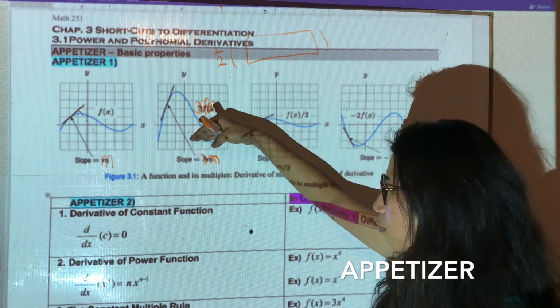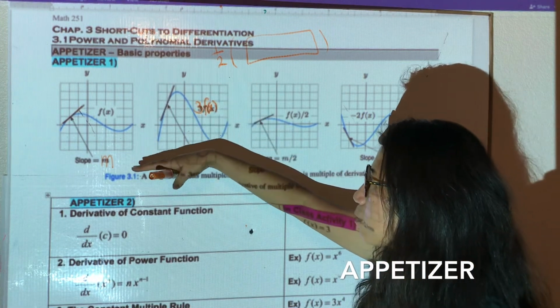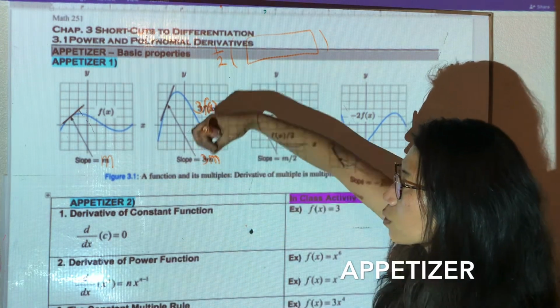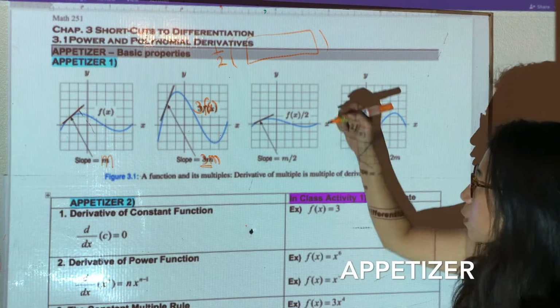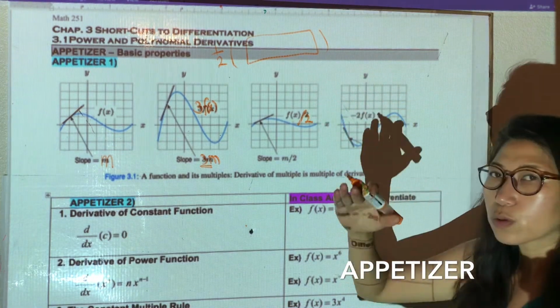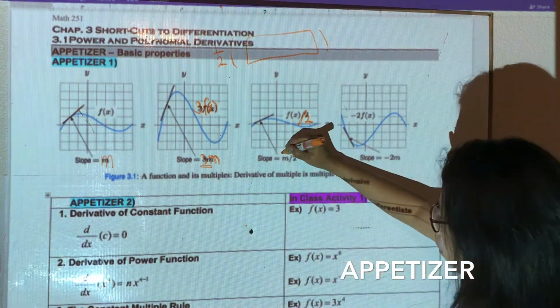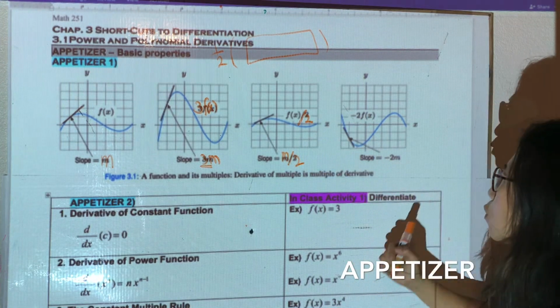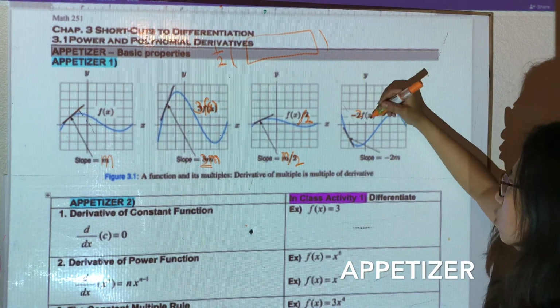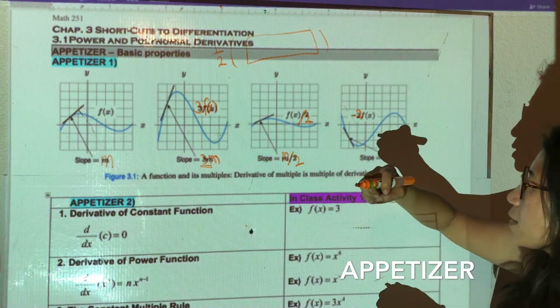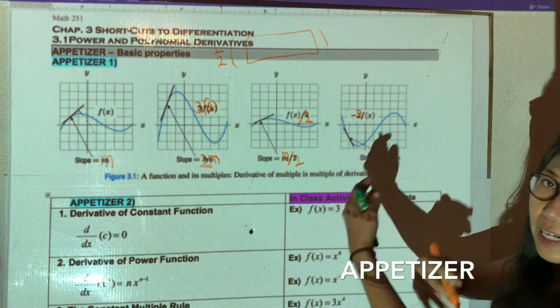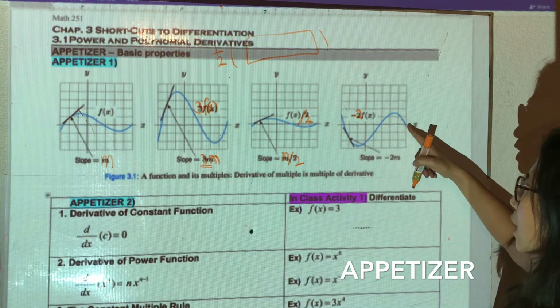So if you have a derivative, it's going to work the same as a transformation. If we stretch 3 times, then you are going to have a 3 times bigger slope. If we divide by 2, then your slope is going to be less steep, by a factor of 1 over 2. And if you multiply by -2 on your original function, the 2 will make stretching twice, the negative will make it upside down, so your graph is going to look that way.